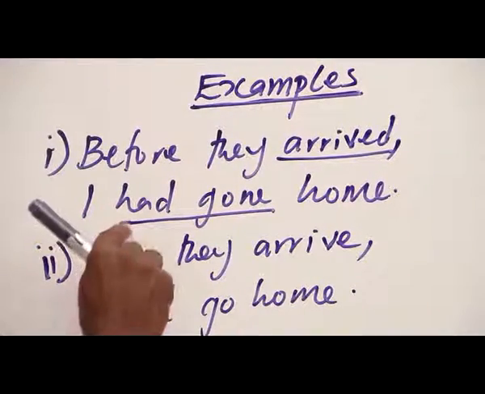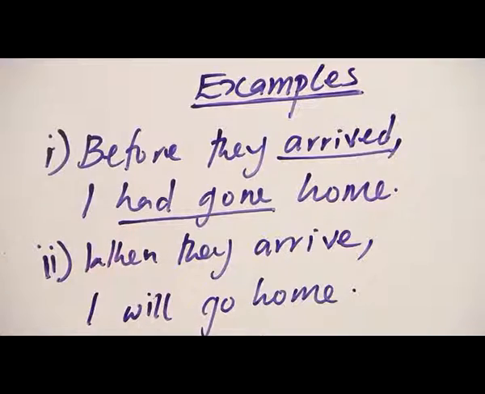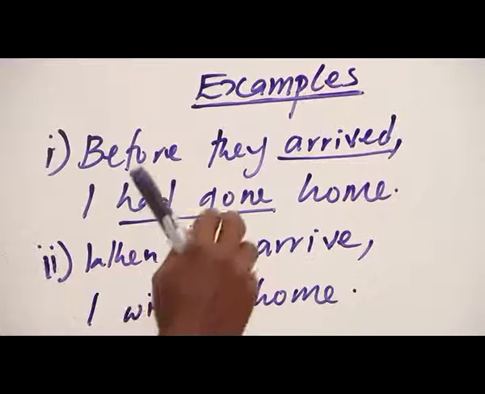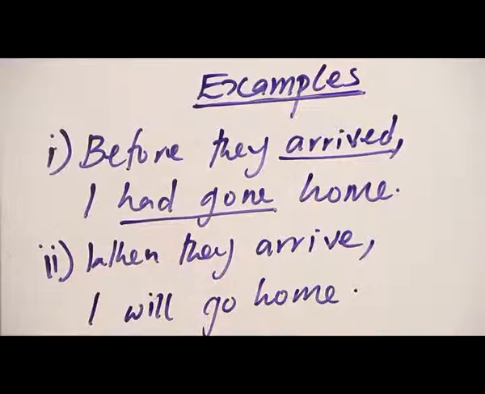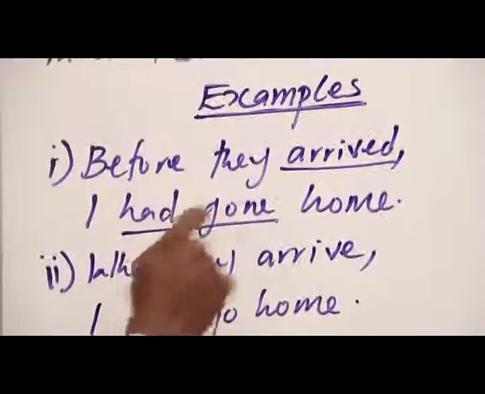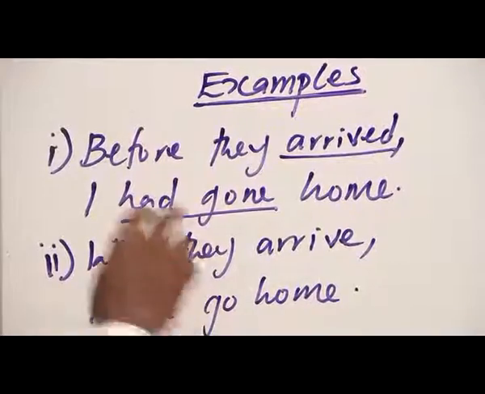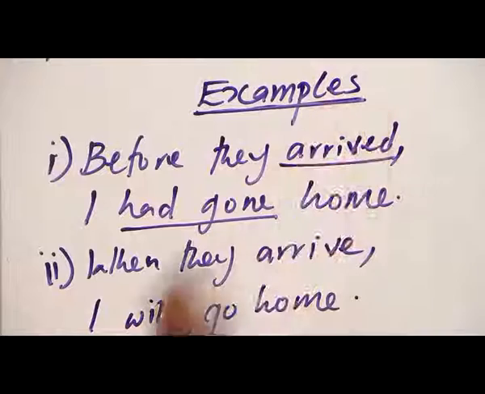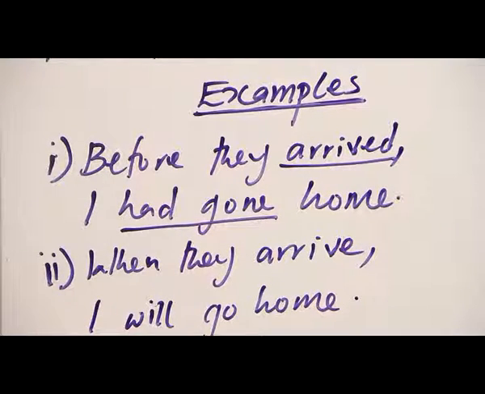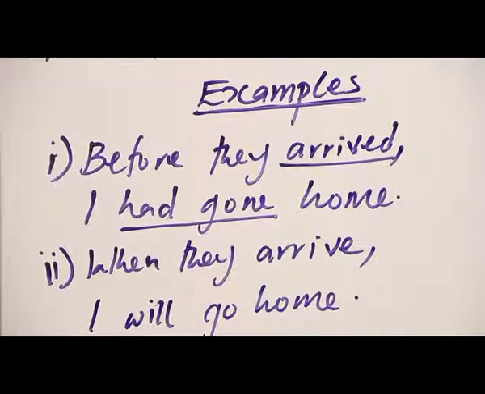Now, if you are given arrived, and this will have space here, you should know that your answer should be in the past perfect form because of the subordinate clause before they arrived, which is already past. So it means that two actions took place in the past. One was completed before the other was completed.